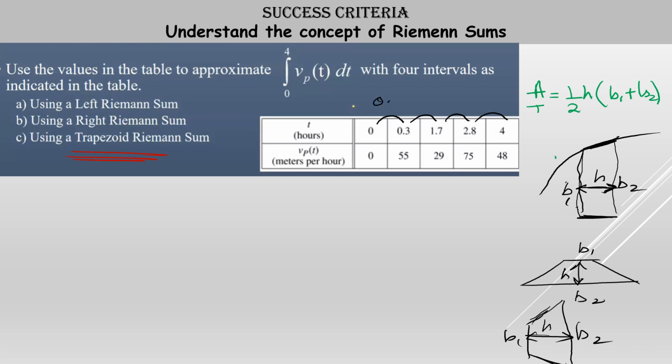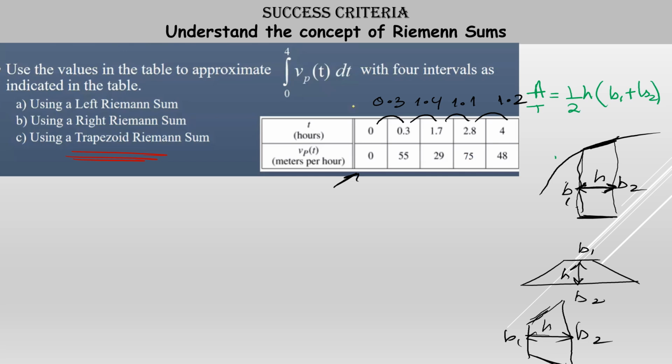That is 0.3, 1.4, then 1.1 and here it is 1.2. In our case, the height is the width. And what are base 1 and base 2? In our case, base 1 and base 2 are the V values.